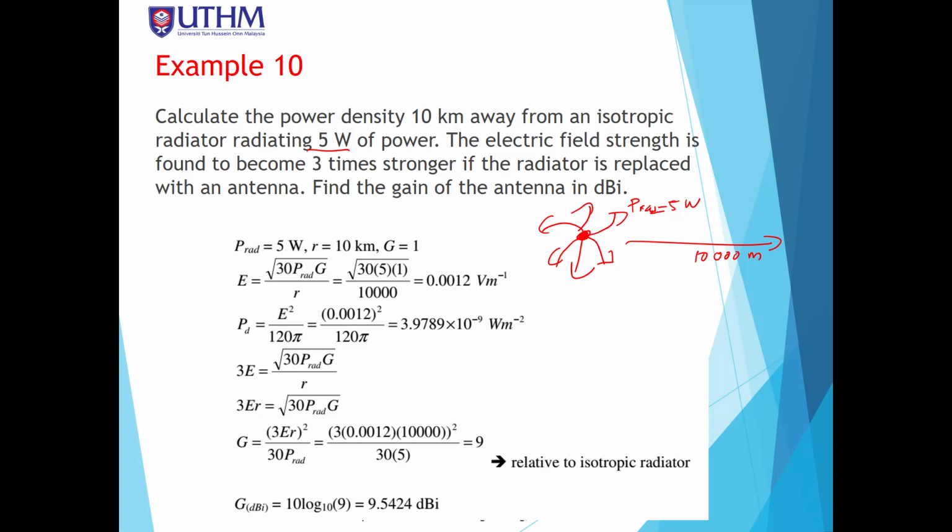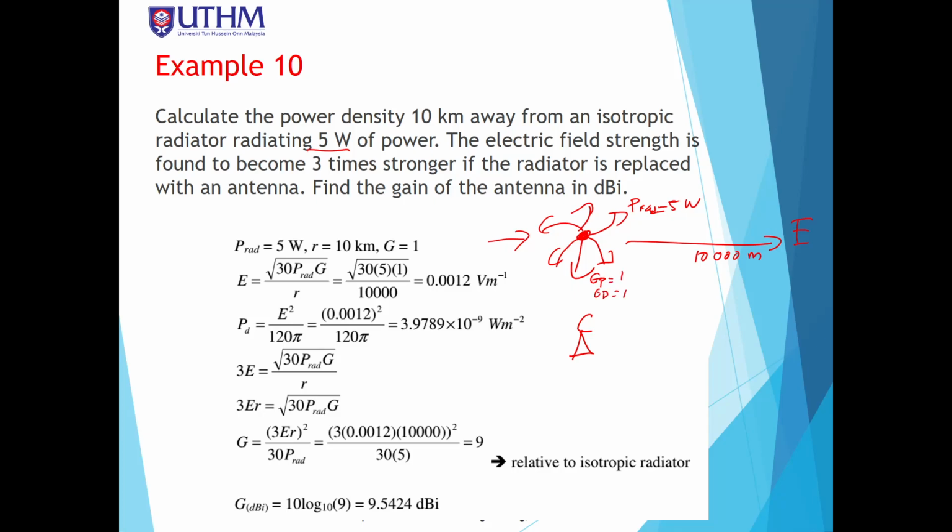So the electric field strength is found to become 3 times stronger if the radiator is replaced with the real antenna. So now if we use an isotropic radiator, kita akan dapat E field. However, if we use a real antenna, so you see that if you use an isotropic, that means GP is equal to 1.